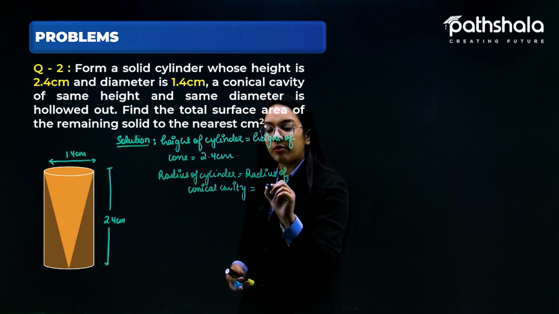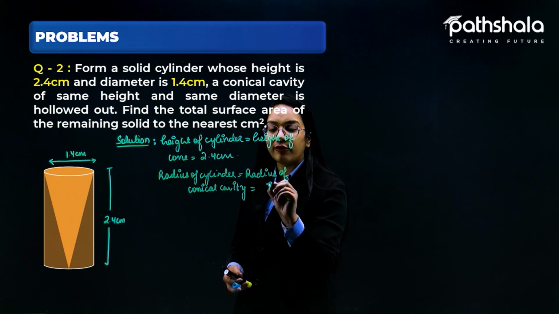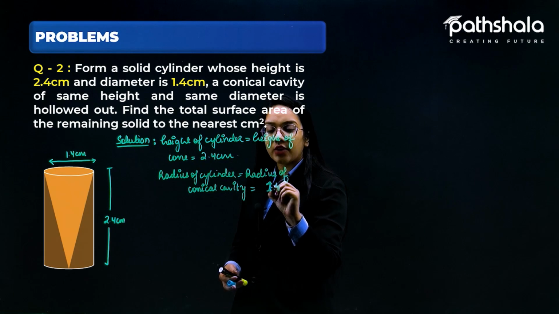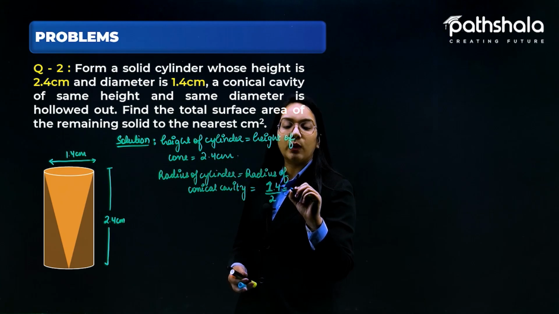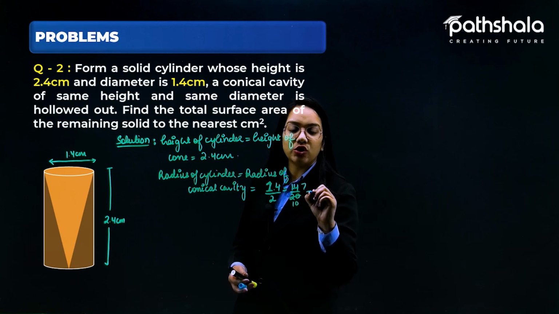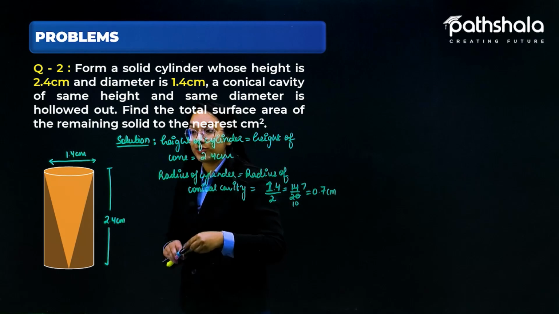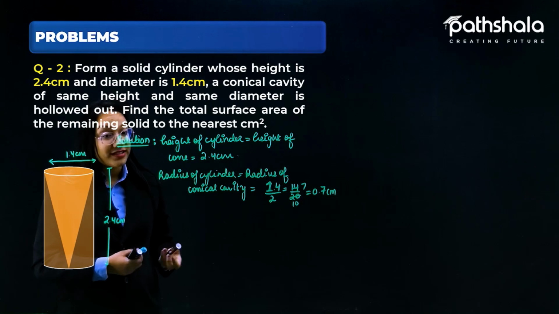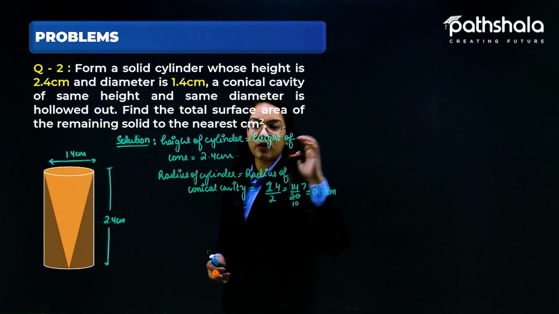The diameter is 1.4 centimeter, so the radius is 1.4 divided by 2, which is 14 by 20, and this is 0.7 centimeter. So we know the radius of the cylinder and the radius of the conical cavity is 0.7 centimeter.